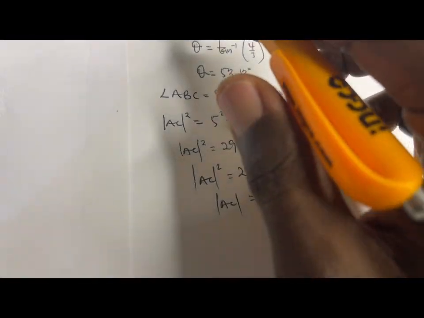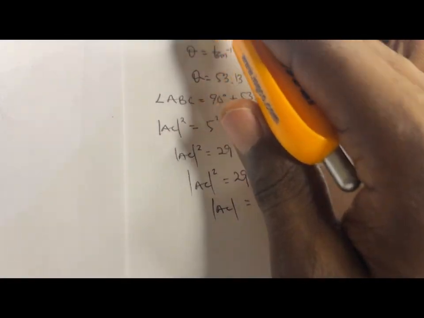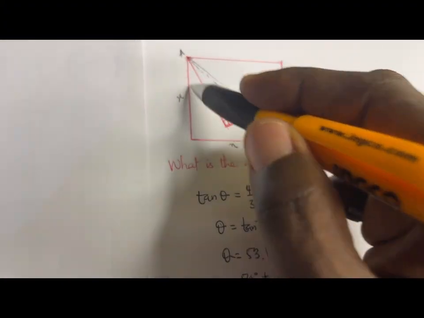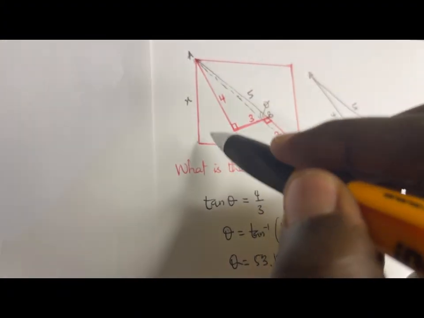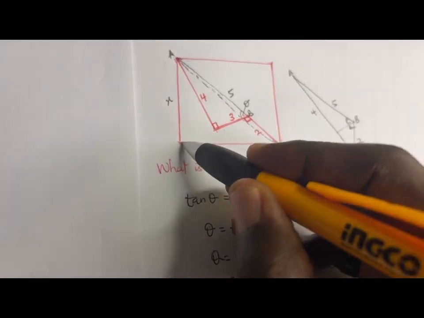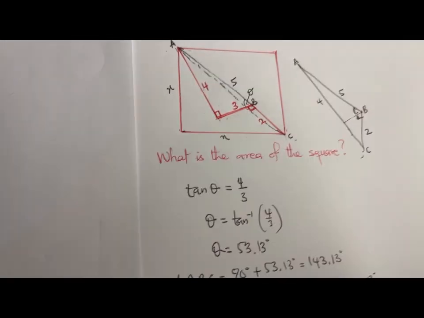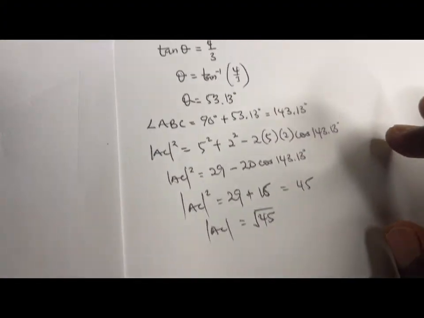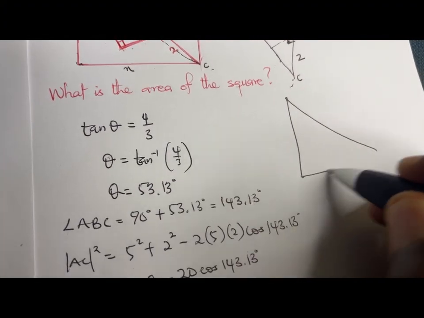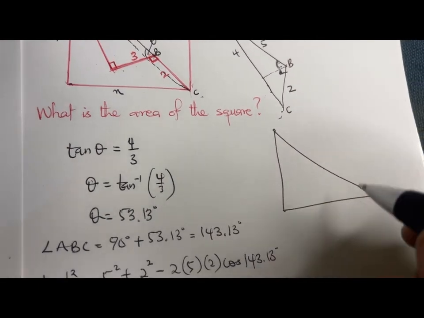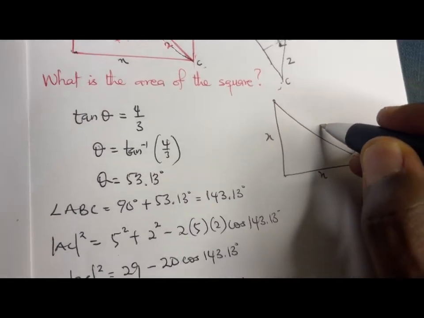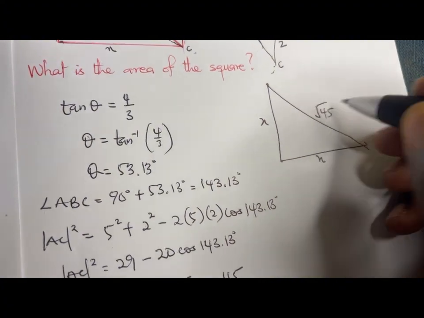Now you should note that x here, this is also a right angle triangle, so we can pick A, C, and the origin here. So that will be a right angle triangle, so we can pick it out and have something like this. So this will be x, and we know this to be root 45.